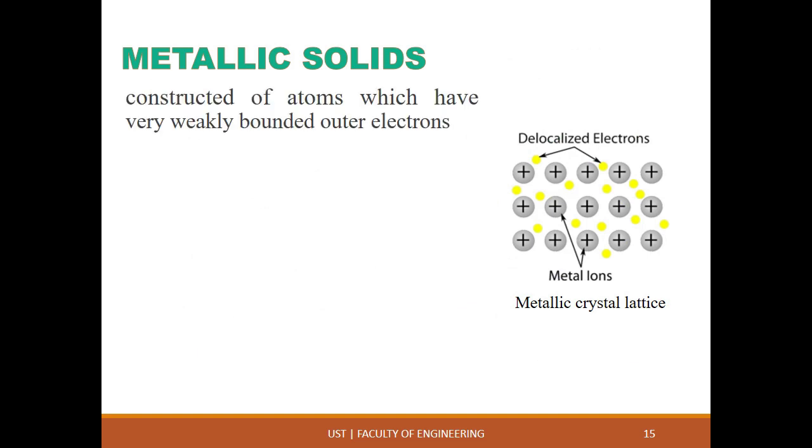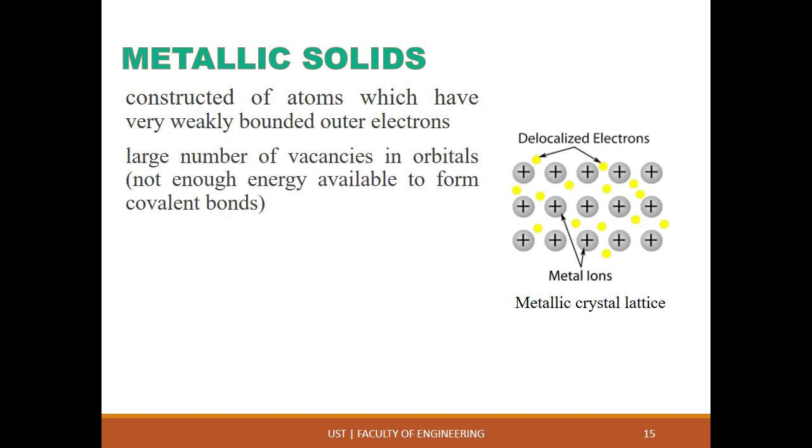Metals are an orderly collection of positive ions surrounded by and held together by a sea of free mobile electrons. These electrons, also referred to as delocalized electrons, do not belong to any one atom, are mobile, and are evenly spread out throughout the crystal.